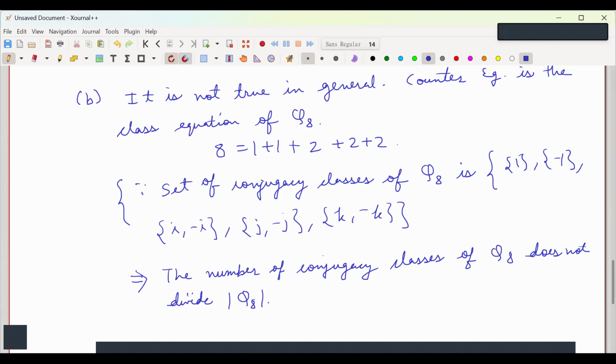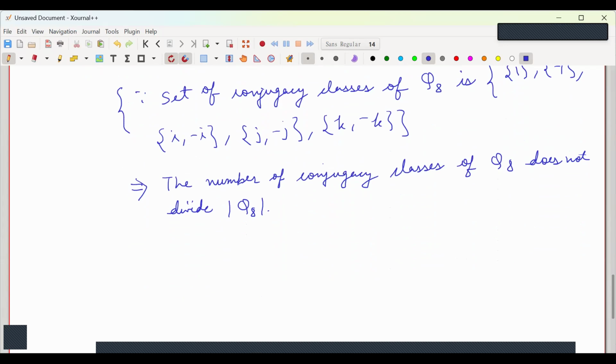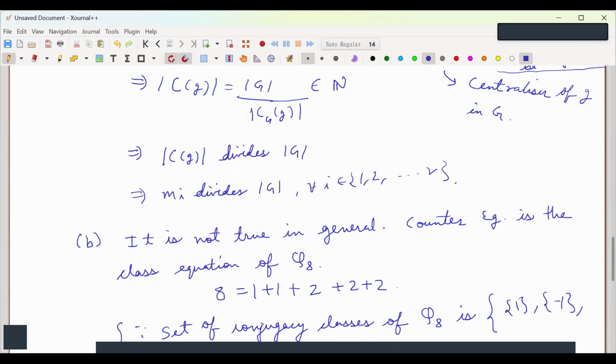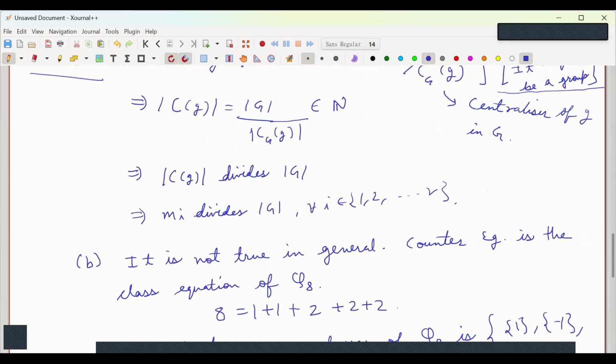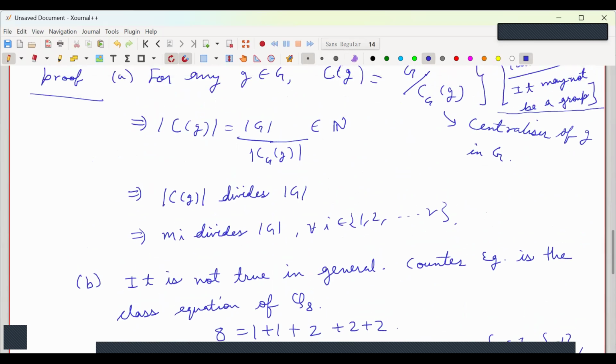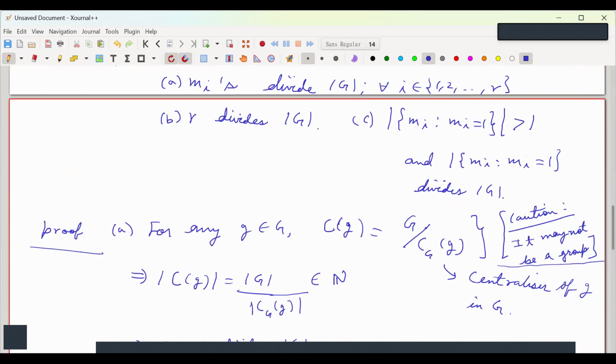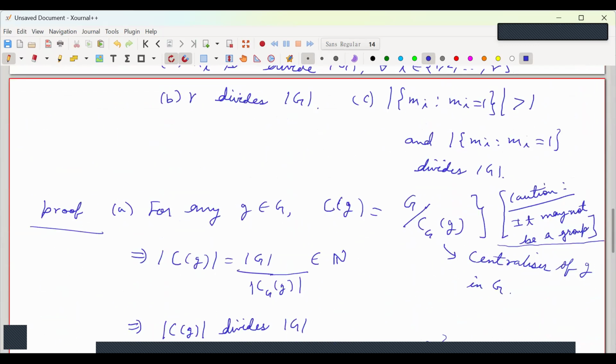So the second claim is not true. You should keep these things in mind. This is a very common way of getting confused, whether the number of terms in a class equation divides the order of G or not. Okay. Now let's come back to the third part.